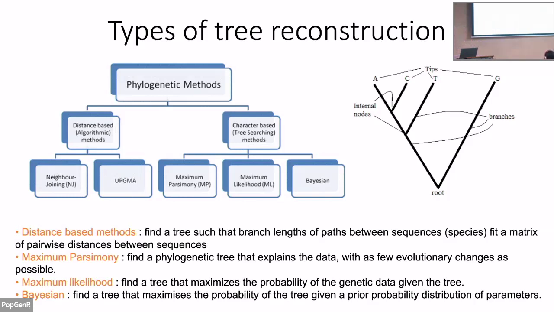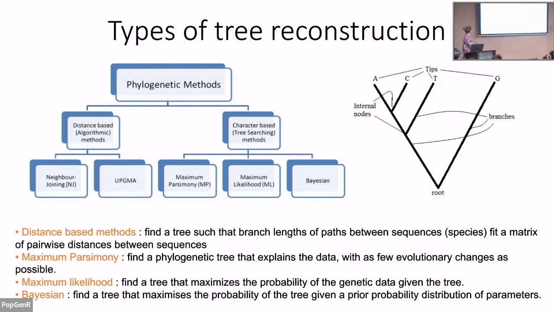So you've got sort of the distance-based methods, which estimate a tree with the branch lengths, and they fit a matrix of pairwise distances between the sequences. Then we've got these character-based or tree-searching methods, maximum parsimony. It explains the data with as few evolutionary changes as possible.